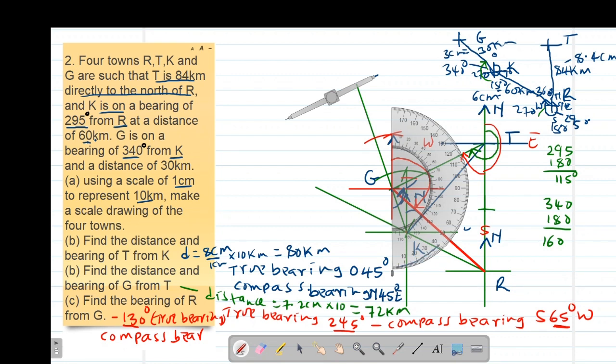So you can see the angle is 50 degrees to the north-south line. Therefore, the compass bearing will be, it is on the southern and the eastern side, so south 50 degrees east.